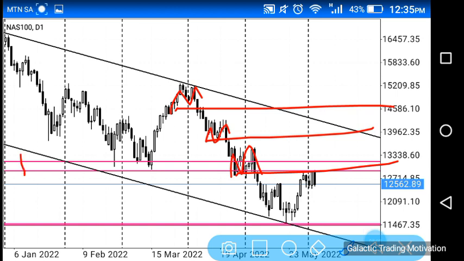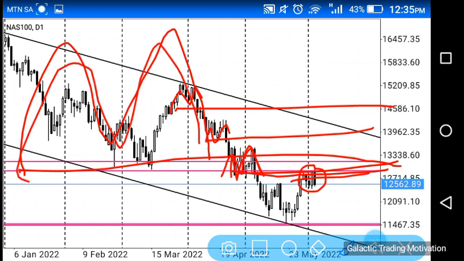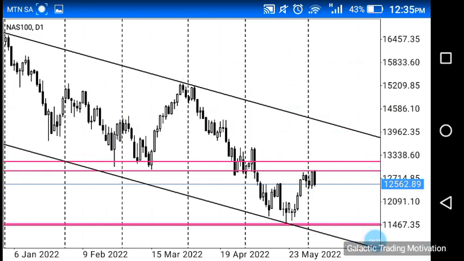As much as we had that huge M structure that we spoke about on the bigger charts, with the neckline being there, we also have the smaller one here, which also has a neckline at more or less the same region. Hence, we also saw price coming back to test the neckline of that huge M structure, as well as of this small M structure over here, right? So let's continue.